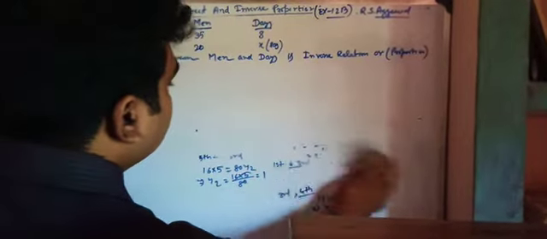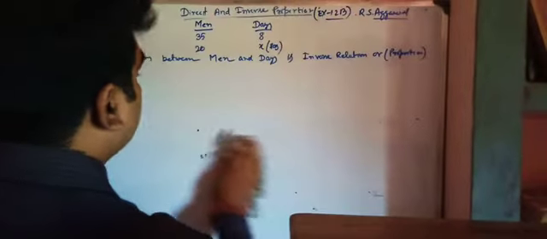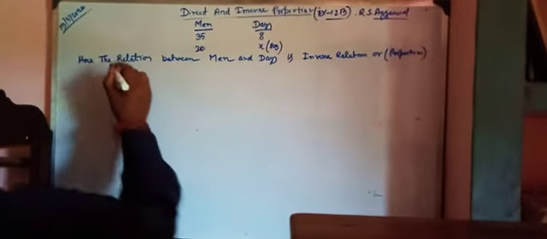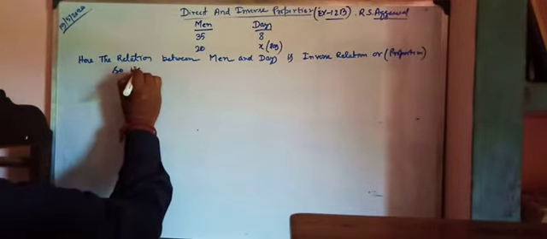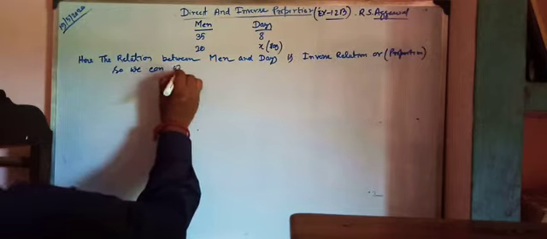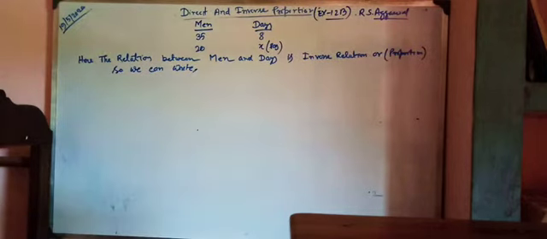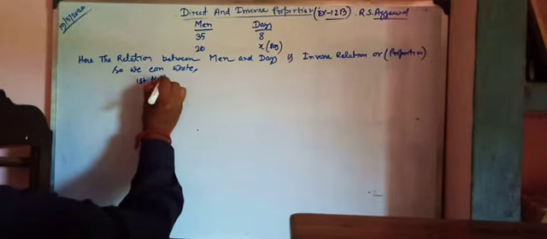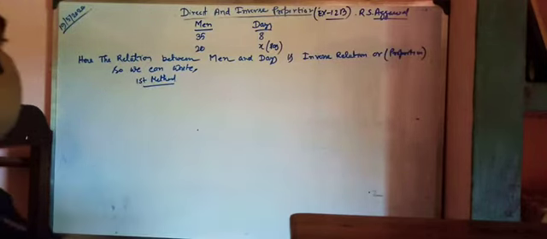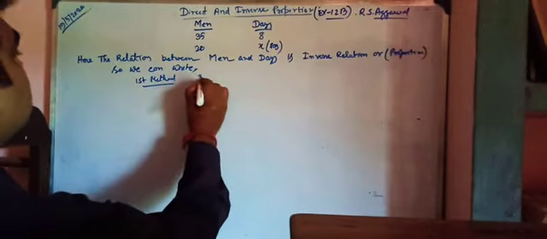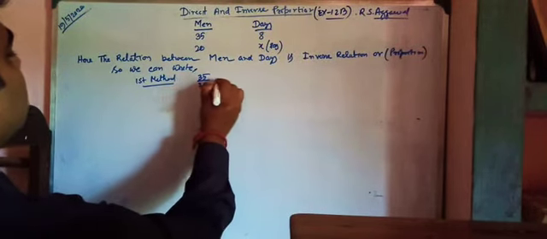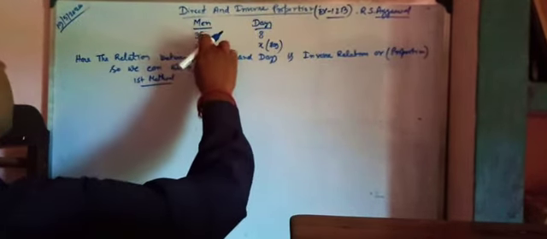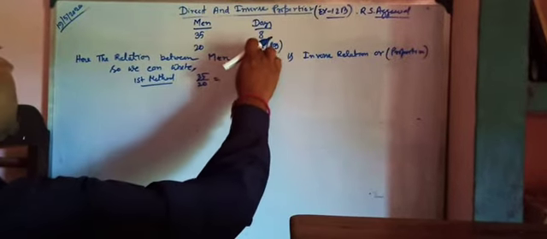Since it is an inverse relation, this is the first method. The method is 35 by 20 is equal to x by 8.